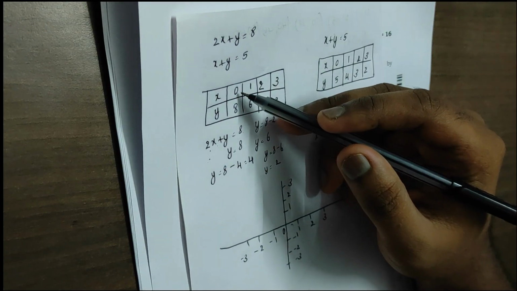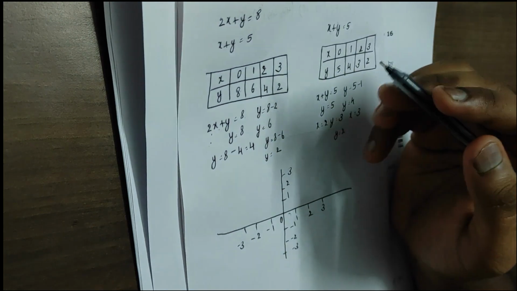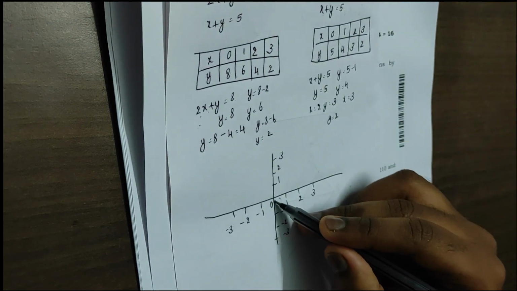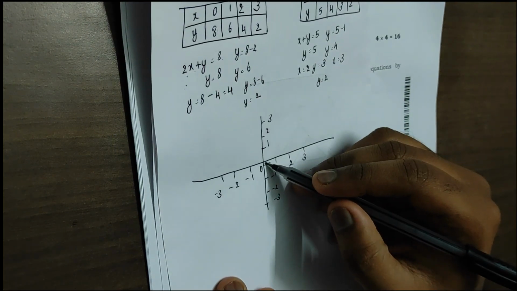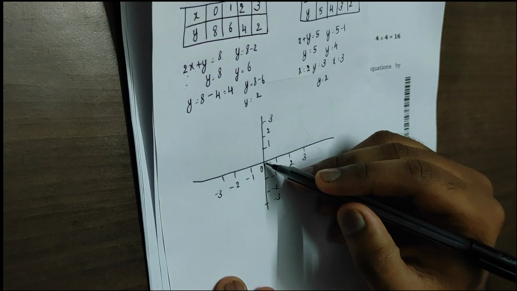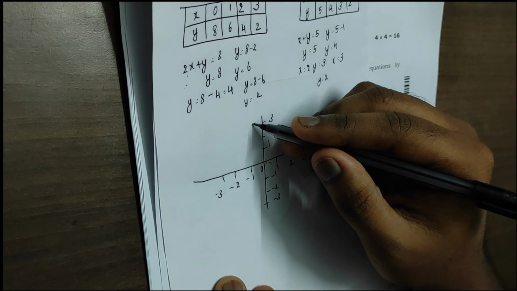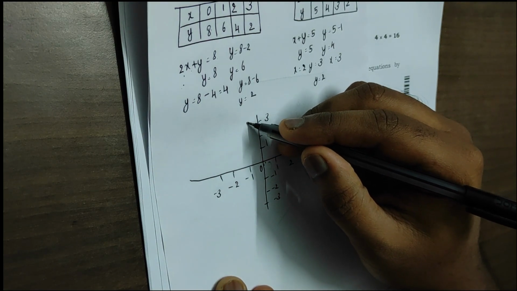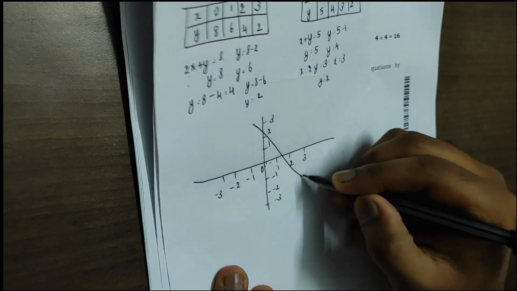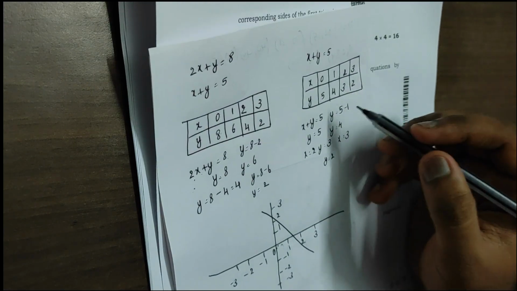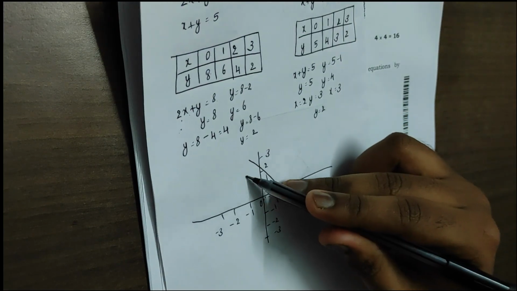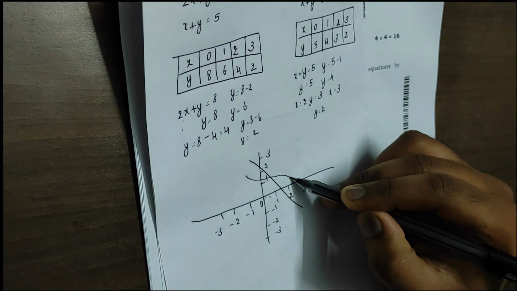Now x is 0, y is 8. You observe 0 on the x-axis and mark 8 on the y-axis, and so on. You will get a straight line like this, and for x plus y is equal to 5, when you draw this you will get another line like this.